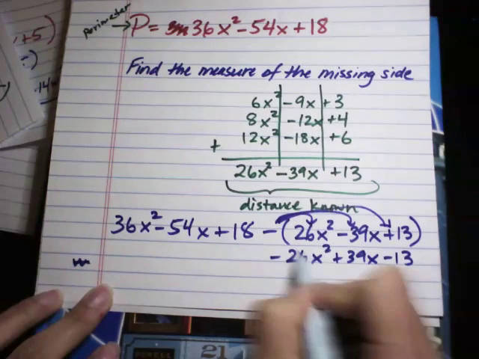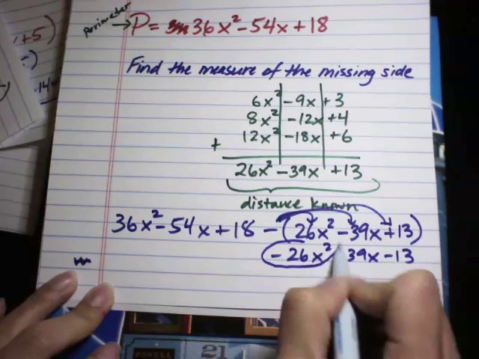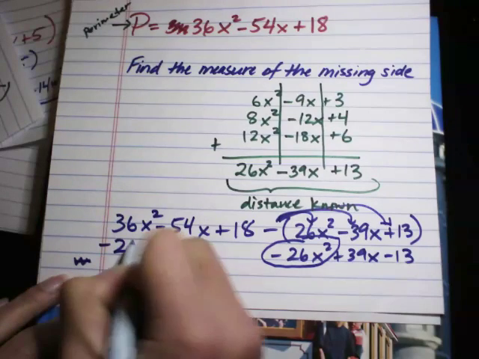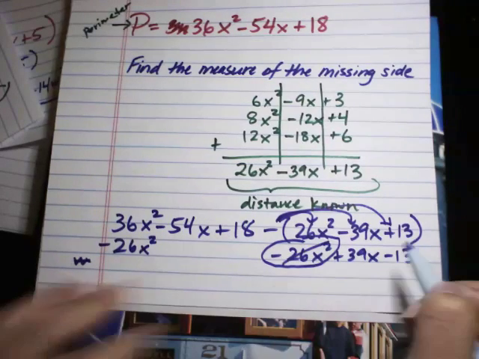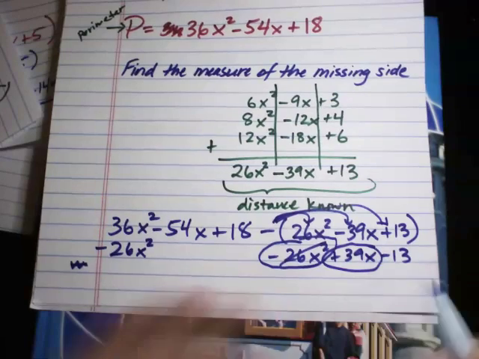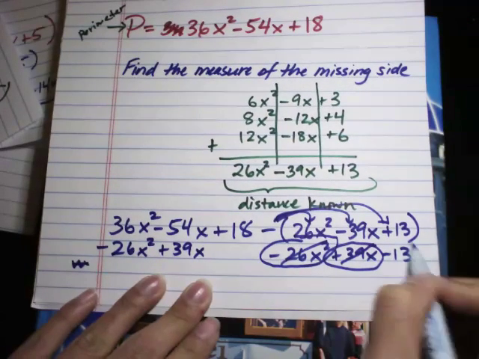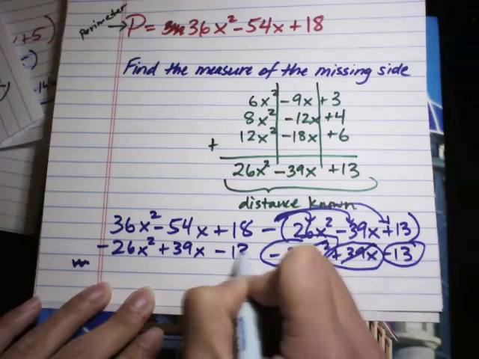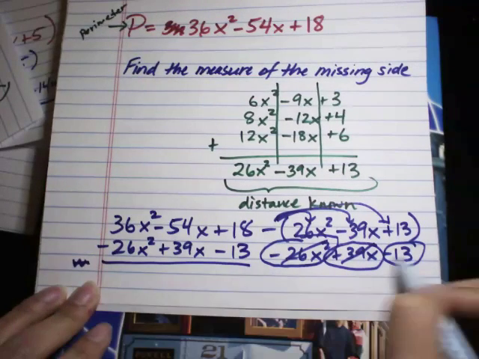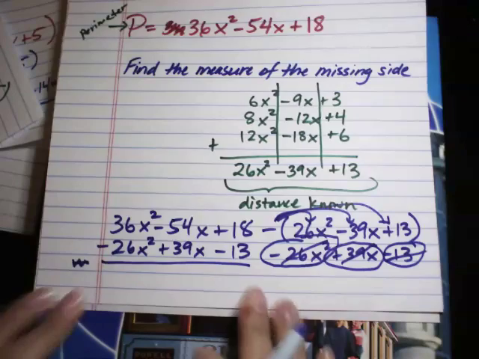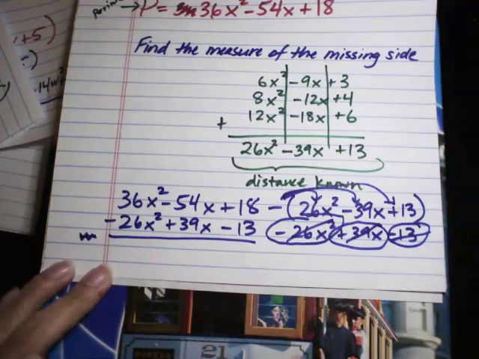I'm going to line up my terms. Line this up, negative 26x squared, took care of that. Line this up, plus 39x. Cross that out, line this up, minus 13. That way I make sure I have covered every single term and there's nothing left over.